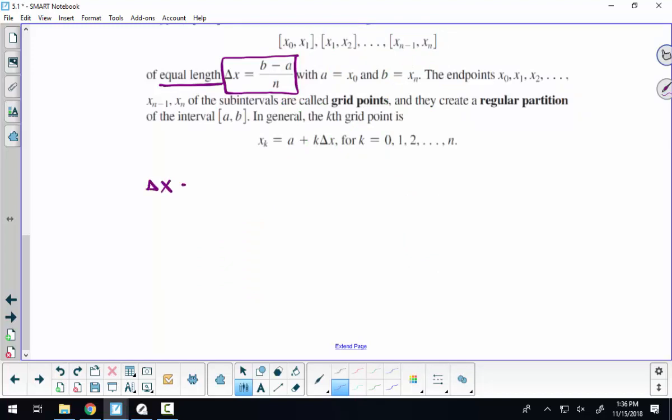Delta x, the length of each rectangle. And the length of each rectangle is the length of your entire interval divided by how many rectangles you're putting in that interval.